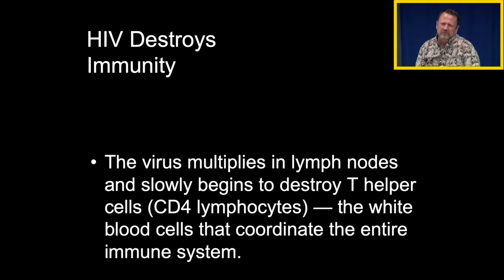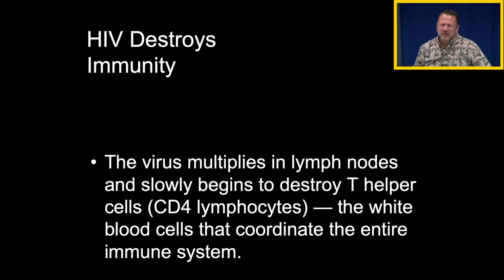The CD4 lymphocytes help coordinate the entire immune system. And our big problem with HIV, its treatment and finding an immunization is this right here. When we give an immunization, we rely on cellular immunity and humoral immunity to respond to that immunization. And immunization requires normal immunity, a normally functioning immune system for the body to respond to that immunization properly.